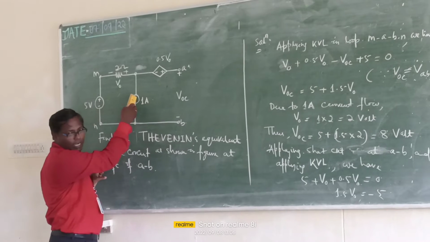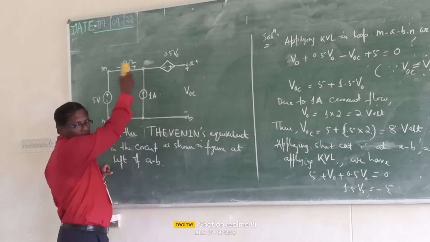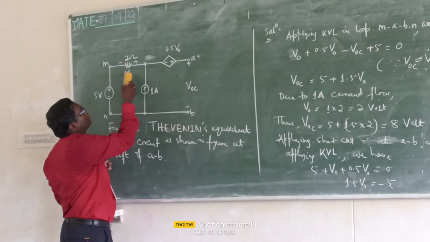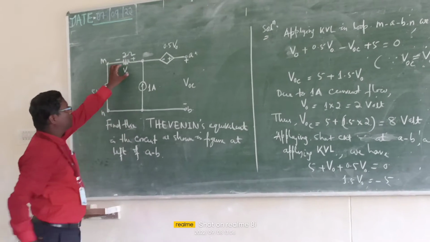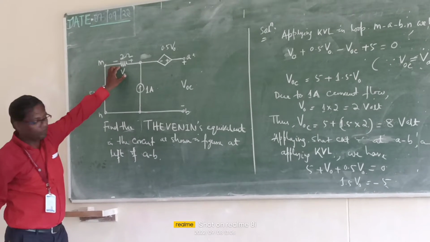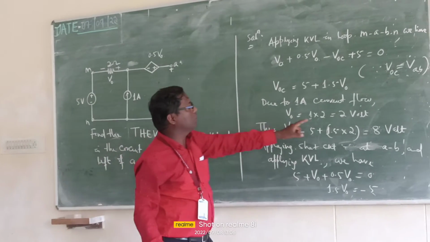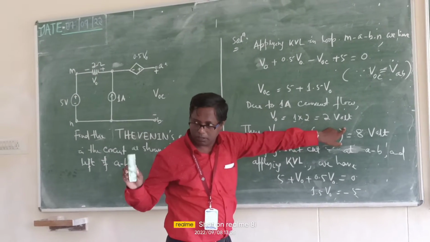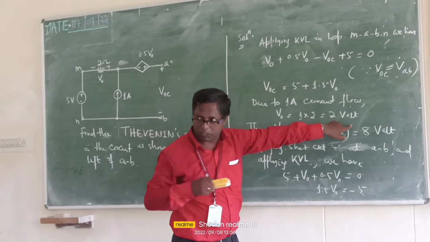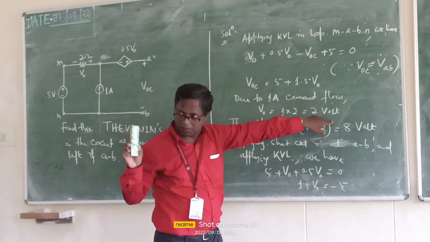That means this total current flows through the 2 ohm resistor, so the voltage drop across 2 ohm will be 1 into 2. So V0 will be 2 volt. All of it clear?